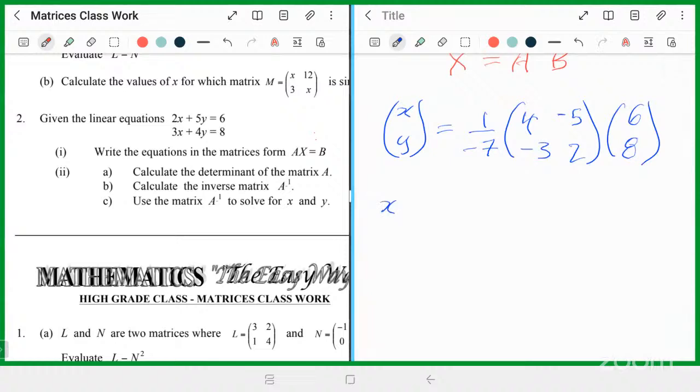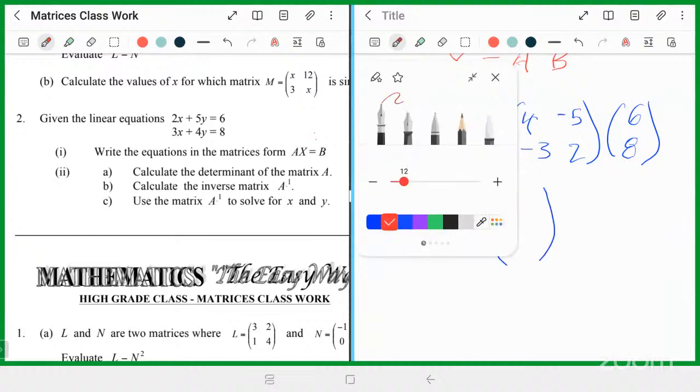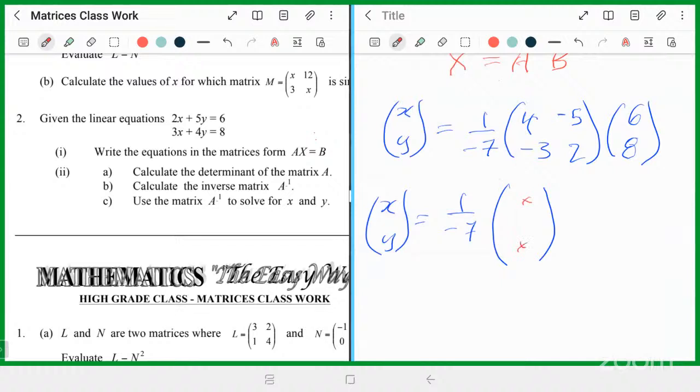So xy equals 1 over -7 times the product. When I multiply these two matrices, I get a column matrix with two values. I'm multiplying the rows of the first matrix by the one column of the second matrix.